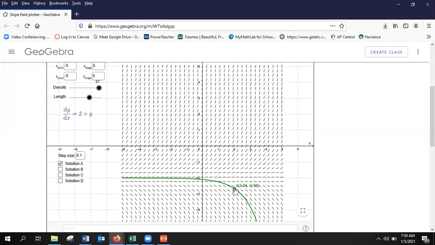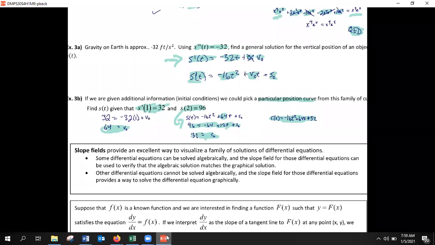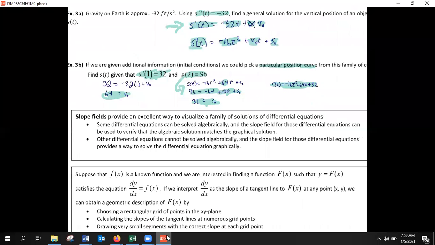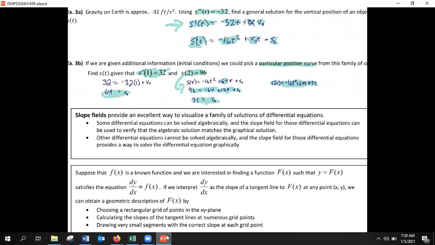If we have a point that's locked in, the rest of the curve will flow along that current of the slopes. I don't know if that's the best analogy, but it's the way that I think about it. But anyway, they help us visualize what that family of solutions is going to look like.